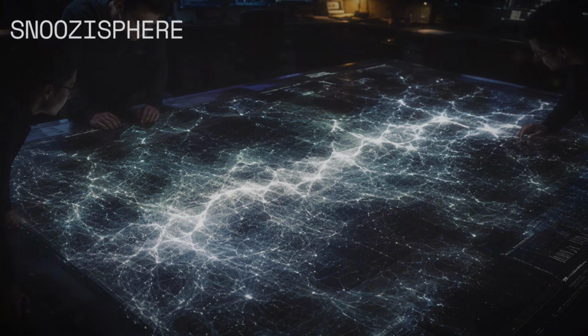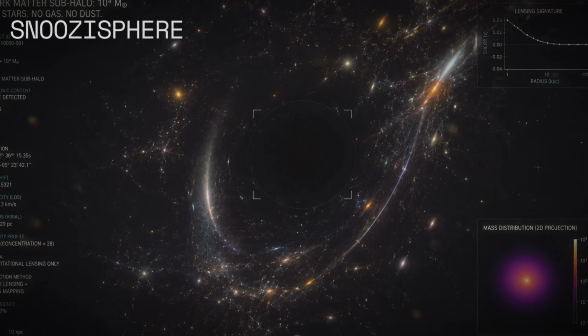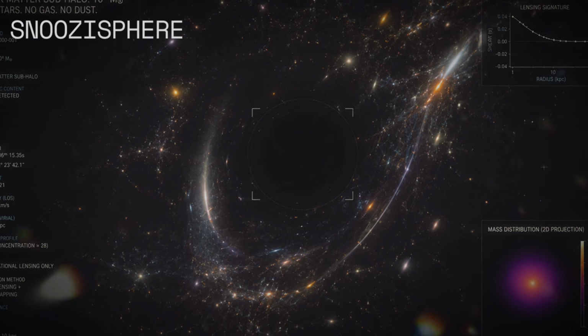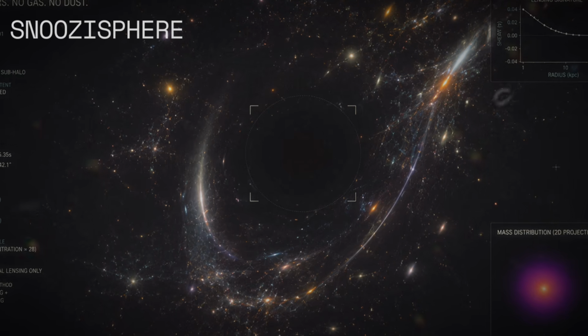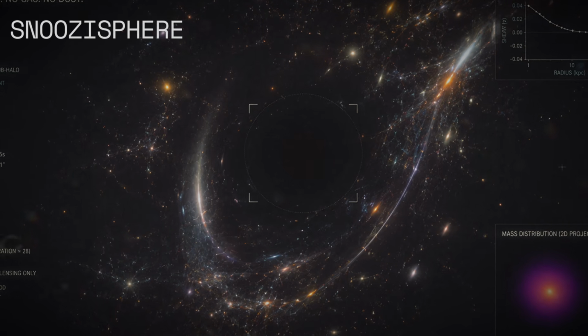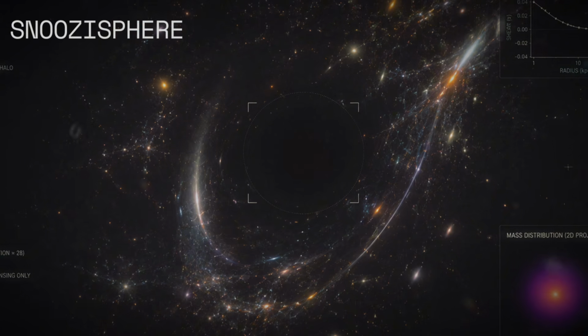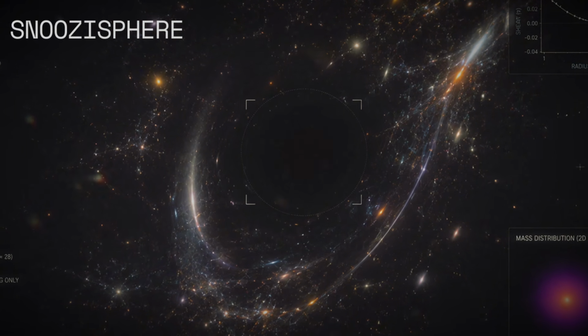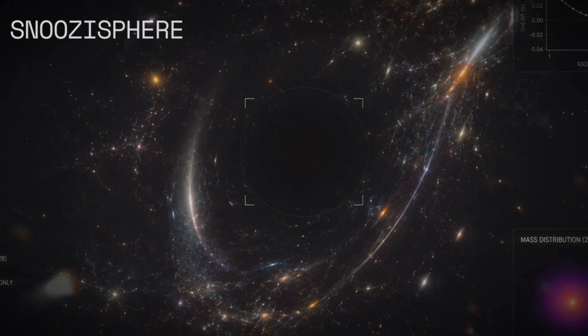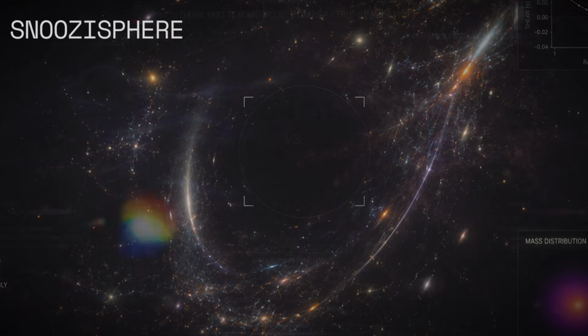This process creates small, split images and elongated arcs of distant starlight in our pictures. The telescope captures these quiet distortions with incredible precision over many hours of deep exposure. We observe the subtle shapes and learn how the dark matter is distributed across space.